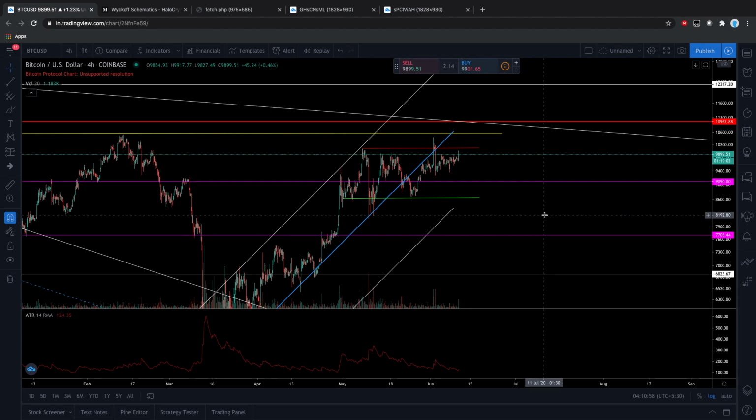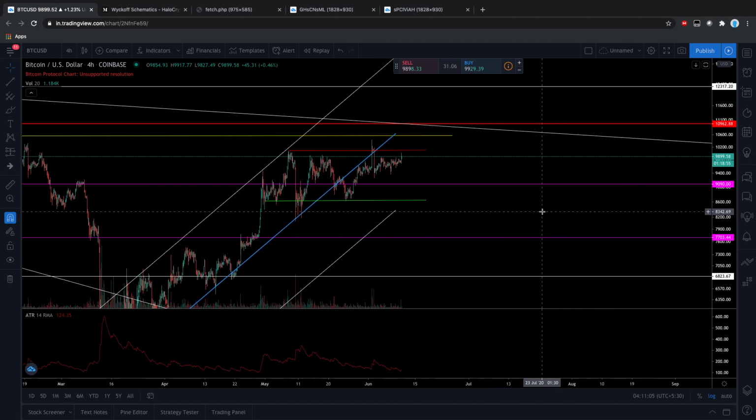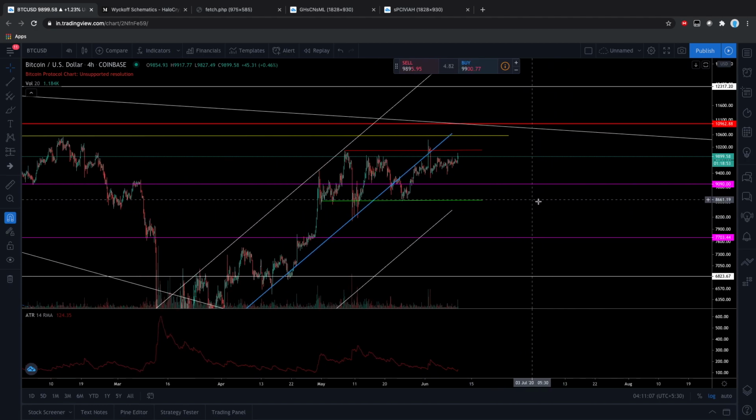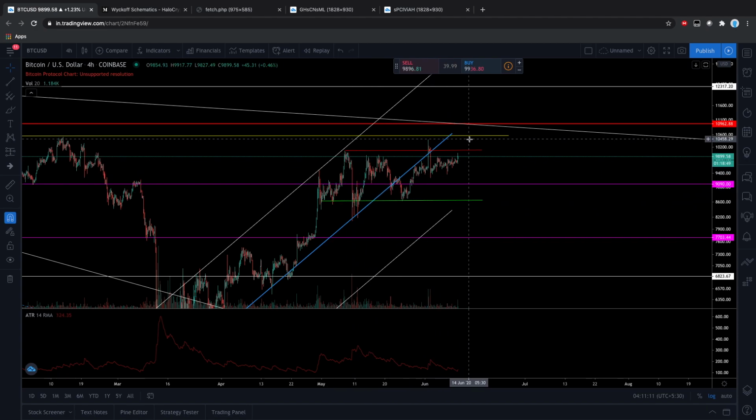The next thing we will look at is the range, how ranges work. Ranges work most of the time in a similar manner: it will form a range, it will break out to either of the sides, and it will come back to retest and then continue in the prior breakout direction.